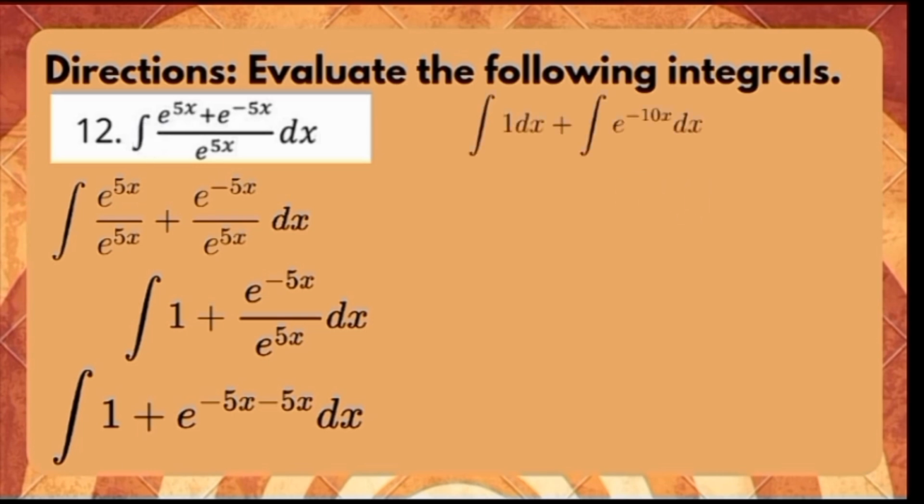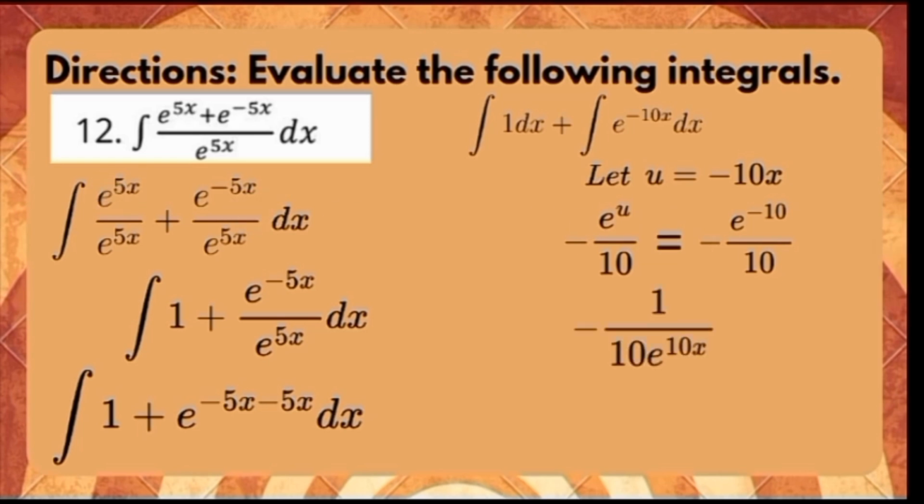After that, we apply the property of integration, which shows the integral of 1 dx plus the integral of e raised to negative 10x dx. Our u here is negative 10x. Substitute the u and we simplify it as negative 1 over 10 e raised to 10x.